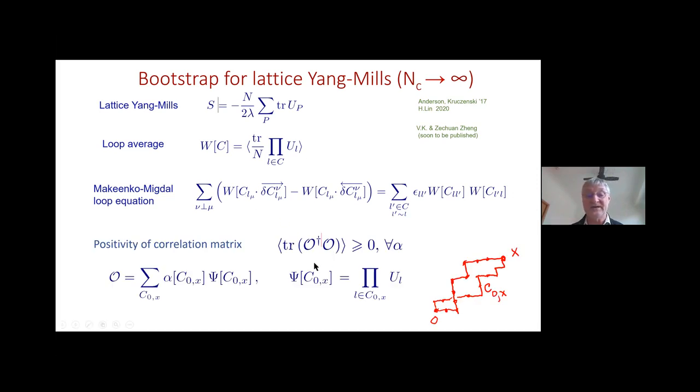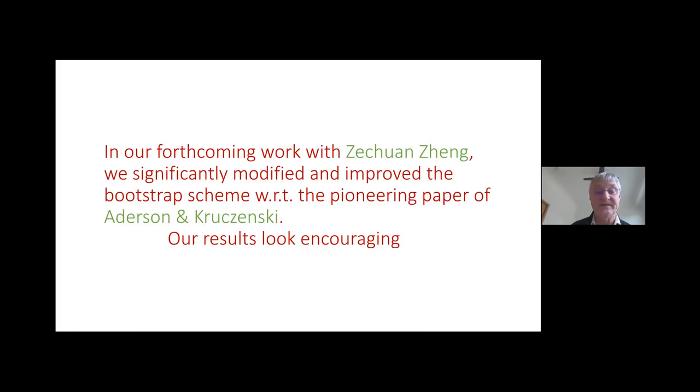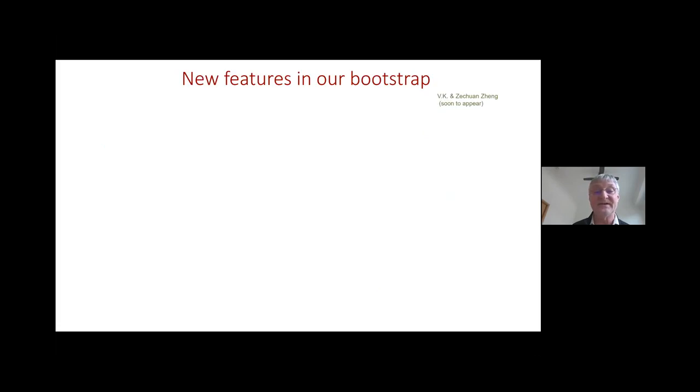The loop equations, then the positivity condition on the path going from point 0 to point X. In our best chance we used x equals 0. So those are the paths starting and ending on the same point, which appears to be the most efficient. And so the results seem to be very encouraging.